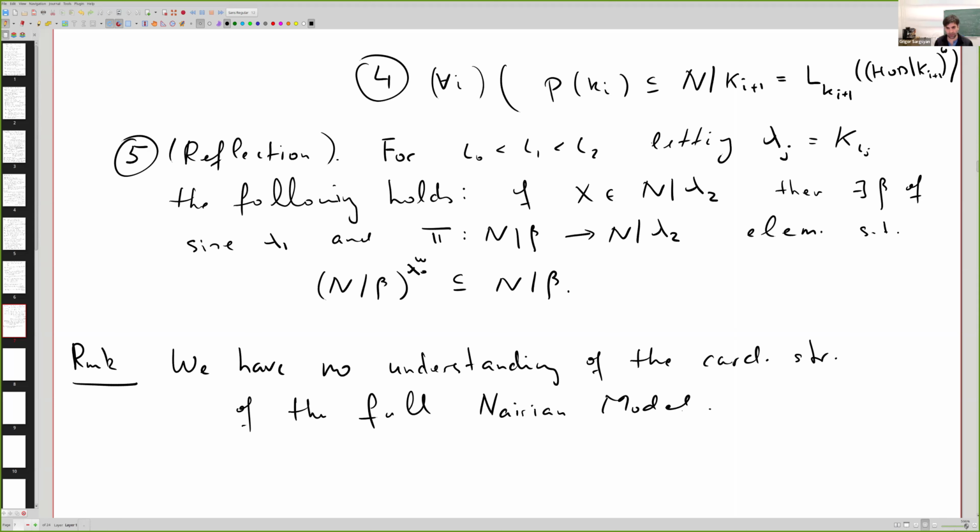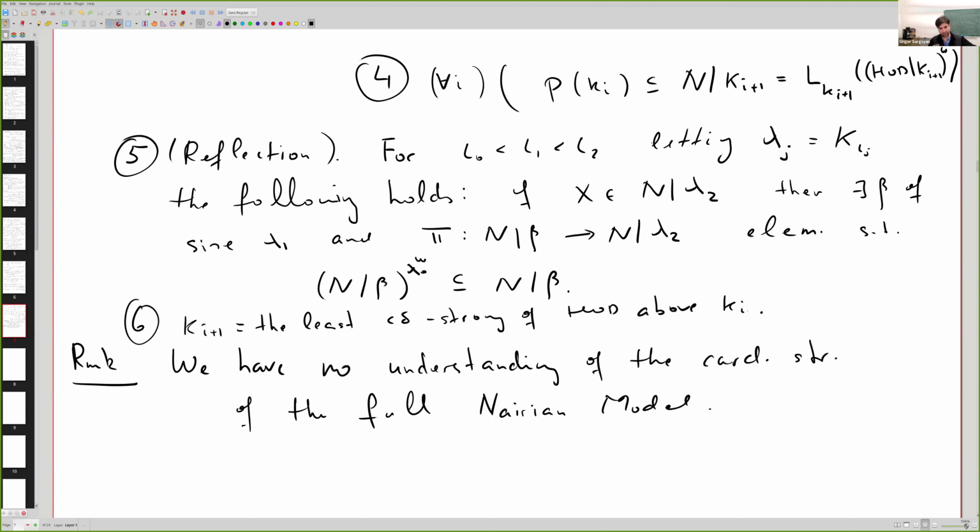We have no idea what's going on. Another thing I should say here is kappa I plus 1 is the least delta strong cardinal less than delta, hard above kappa I.